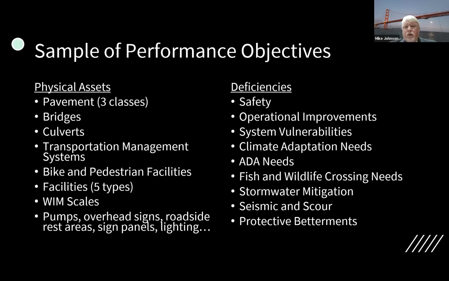You can't really go put your fingers on a wildfire evacuation need that you might have, but we know it exists, and to the extent we opt to fund it, it takes funding away from the physical assets that you can touch. There's more. This is just a sampling of the things that we're considering beyond pavements and bridges. If you want to see the comprehensive list, again, you can download our state highway system management plan, and they're all laid out.